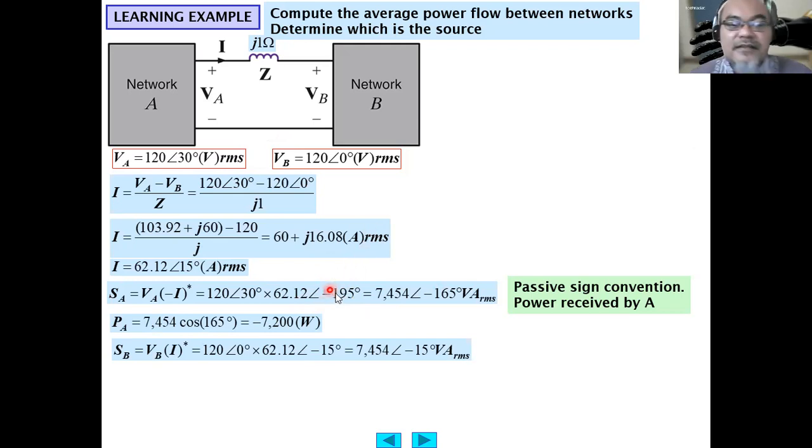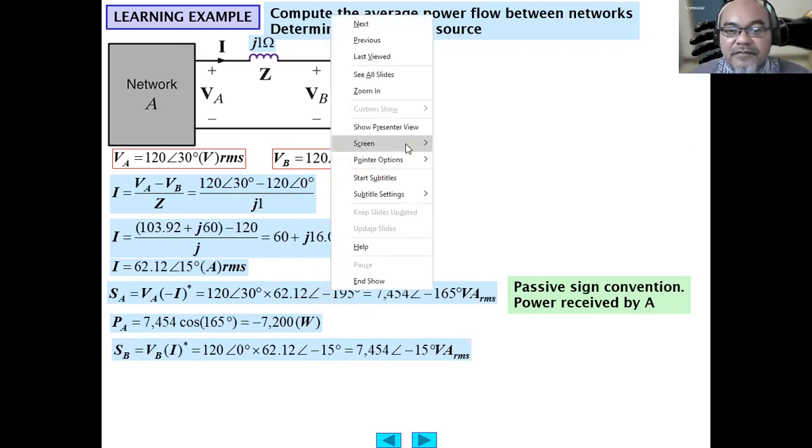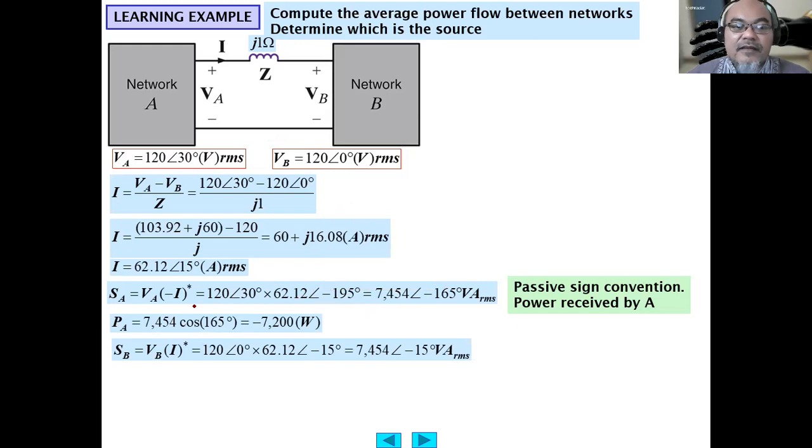If we draw this, current I equals this value. In the phasor diagram, it will be 62.12 with a phase angle of 15 degrees.